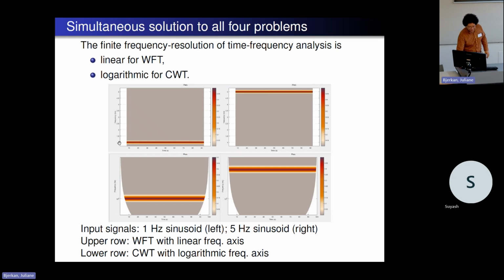However, for the windowed Fourier transform, this frequency axis is linear, and that's what makes them look the same. For the wavelet transform, this frequency axis is logarithmic, and that's what makes these look the same. So that's what I mean when I say the wavelet transform has logarithmic frequency resolution.